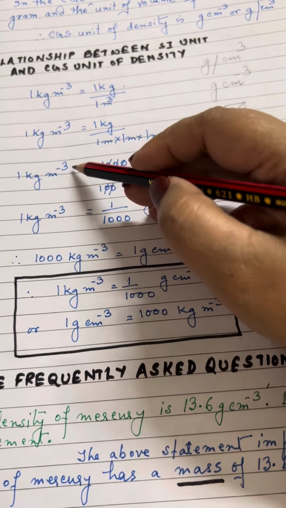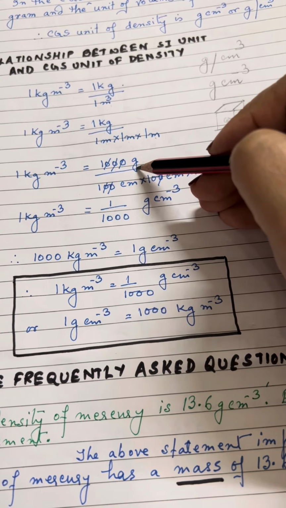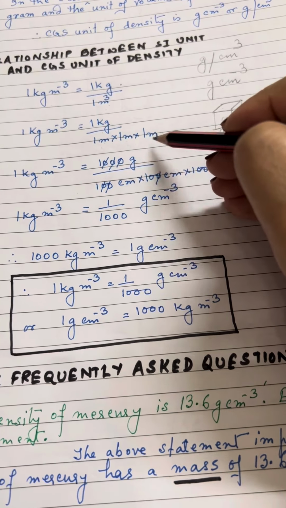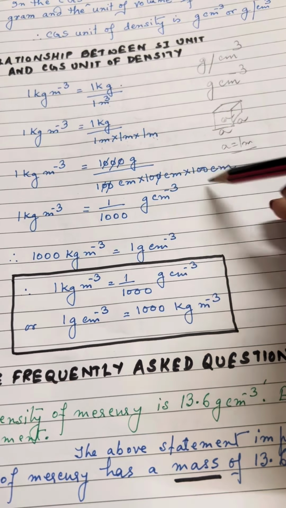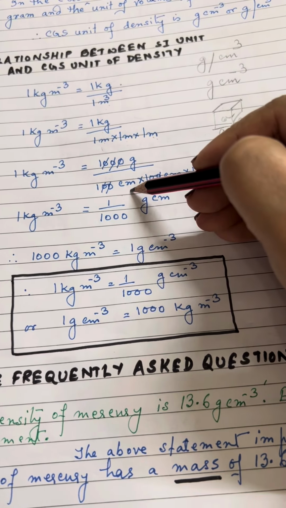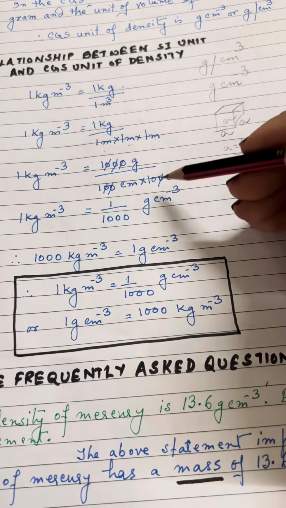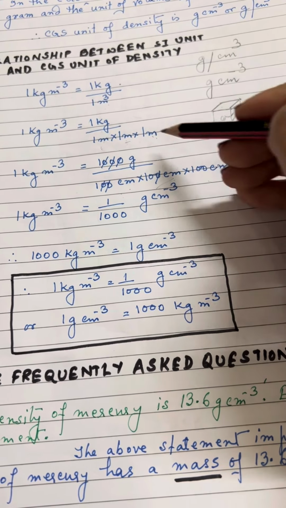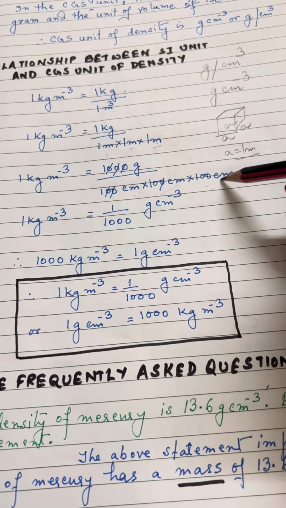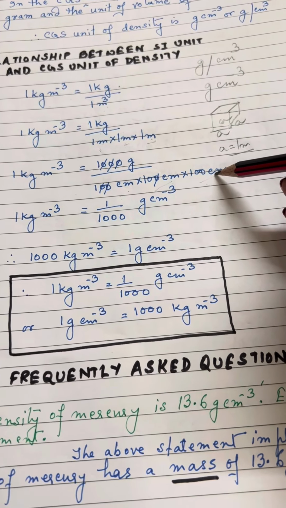Now 1 kilogram per meter cube is equal to 1000 gram divided by, each meter has to be converted into centimeter. So 1 meter is converted into 100 centimeter over here. This 1 meter is also converted into 100 centimeter over here. This meter has also been converted into 100 centimeter over here.